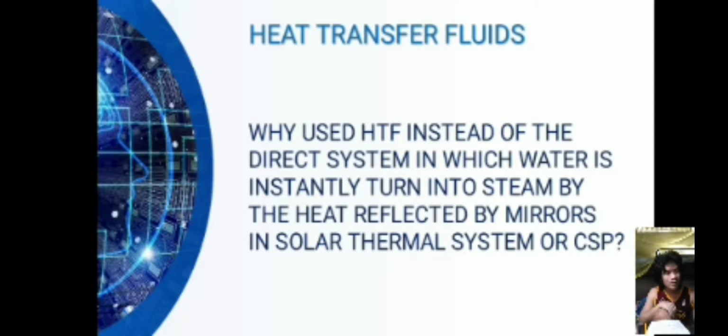So, sabi dito, bakit daw gagamit pa ng heat transfer fluid kung pwede naman daw direct system in which water is instantly turned into steam by the heat reflected by mirrors in solar thermal system or CSP. So, bakit daw kailangan pa ng HTF? So, ito yung sagot dyan.